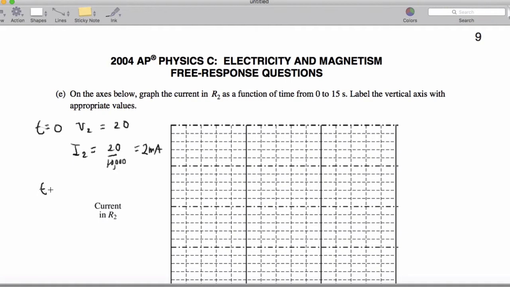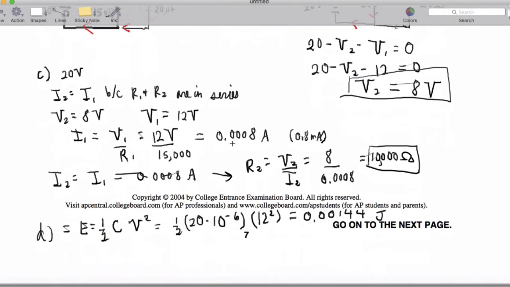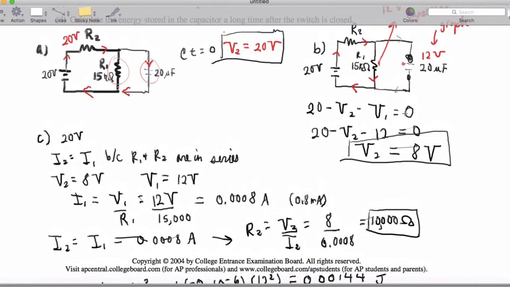And at time equals infinity, I2 ended up being the same as I1, which again was 0.8 milliamps, to be absolutely clear here.